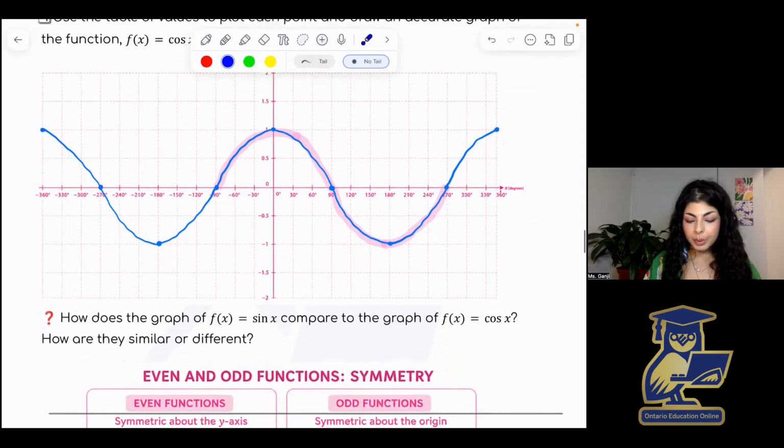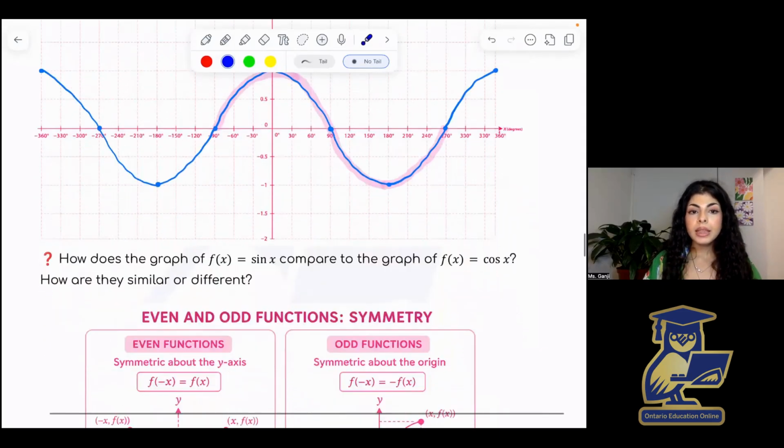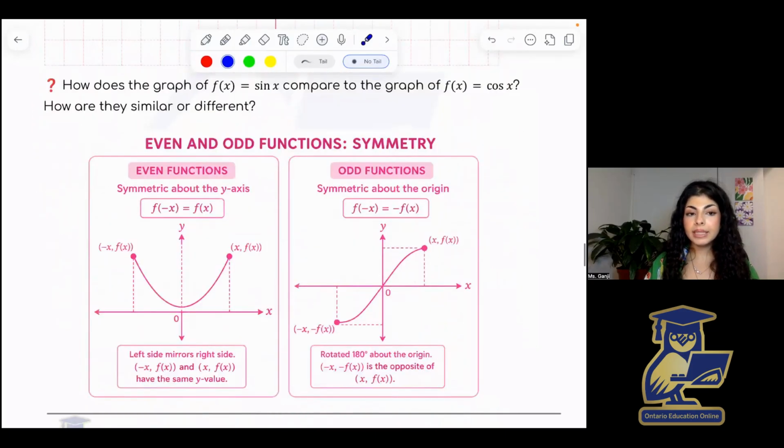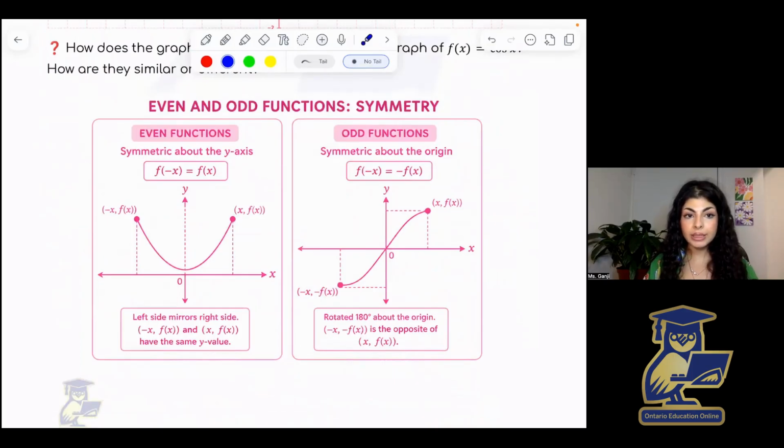And with regards to the symmetry as well, the sine and cosine function can be classified as even and odd functions. An even function is when it is a symmetrical function about the y-axis. So just like our cosine function, f of negative x is the same as f of x. So the cosine of negative 90 degrees is equal to cosine of 90 degrees. And that's why we have also symmetry.